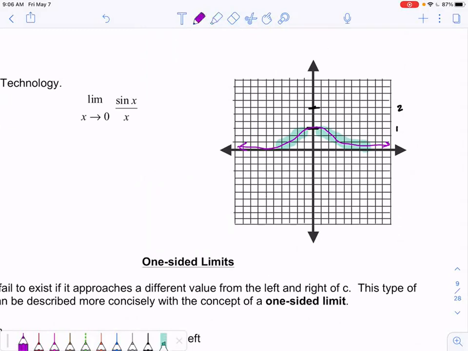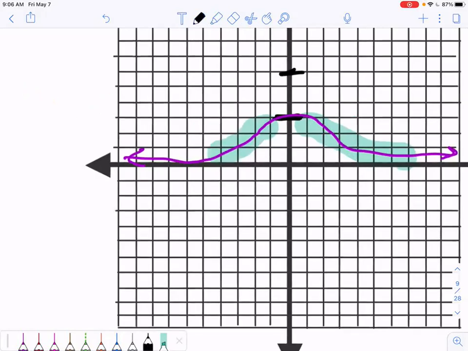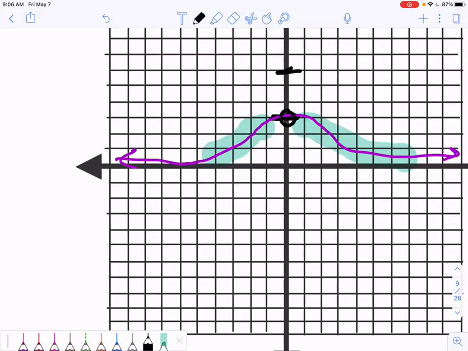And that is at 1. But remember, at the value, there really is still a hole in the graph. There's a hole in the center of the graph because that value is undefined. So even though the calculator doesn't appear to have a hole there, if you can't plug the number in, then that number doesn't exist. So there's a little hole at the top of that peak.